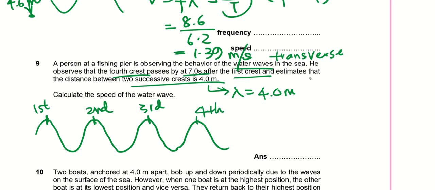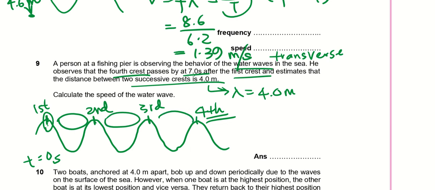We need to take note that when the first crest passes, if the time is 0, let's say on a stopwatch, 7 seconds later I see the fourth crest passing by. That means in between there are actually 1 period, 2 periods, and 3 periods. Okay, so this is a trick here. 3 periods is actually 7 seconds.